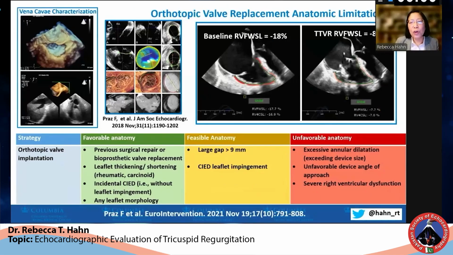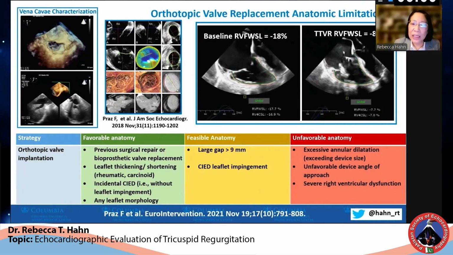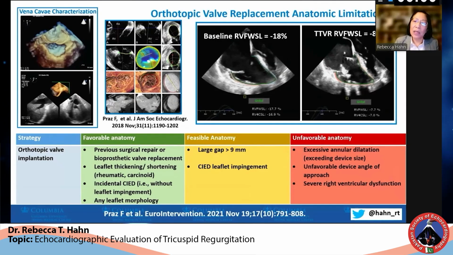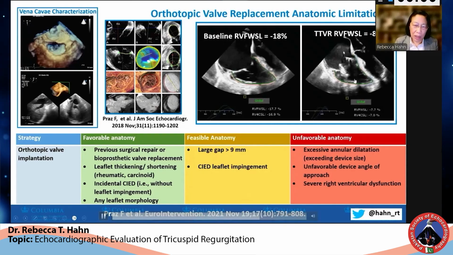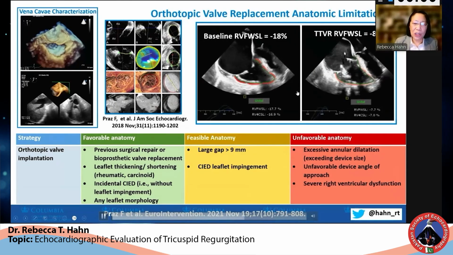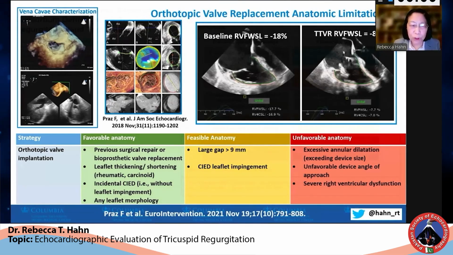And we also understand that the orthotopic valve replacements tend to have the least number of restrictive anatomies that can be treated with this device therapy, but that the greatest amount of RV reduction in function is seen with this device. And so we are still learning about those restrictions.